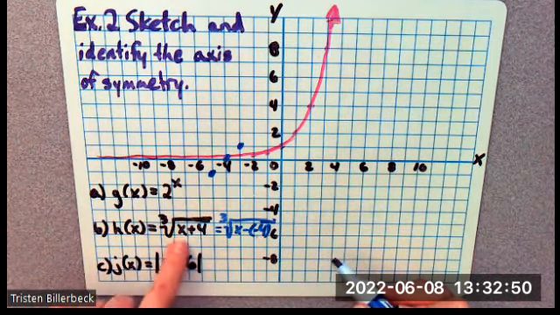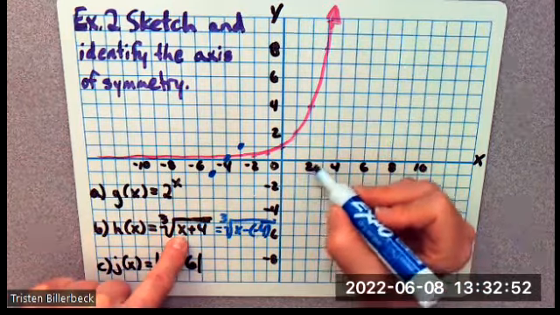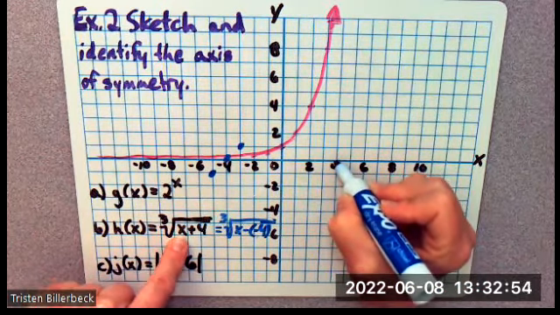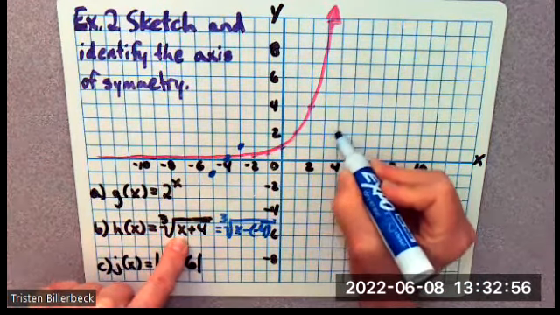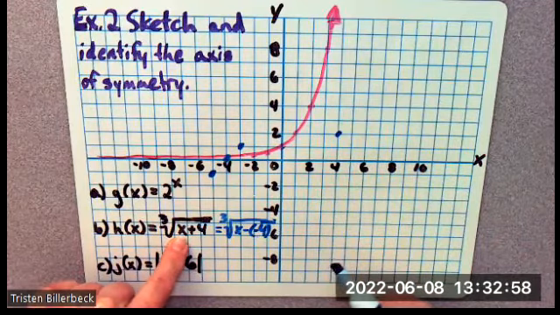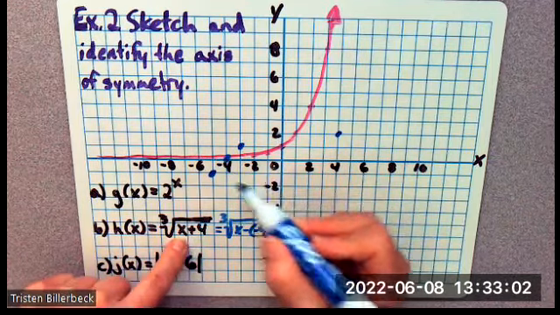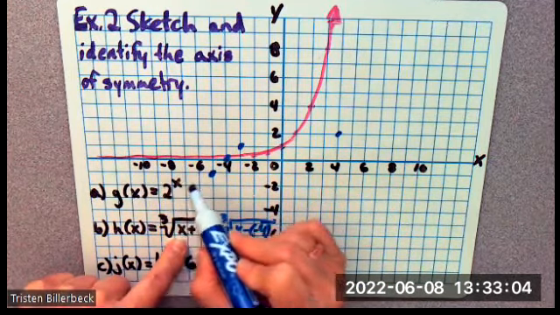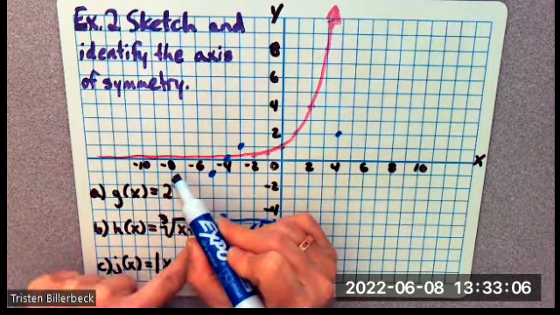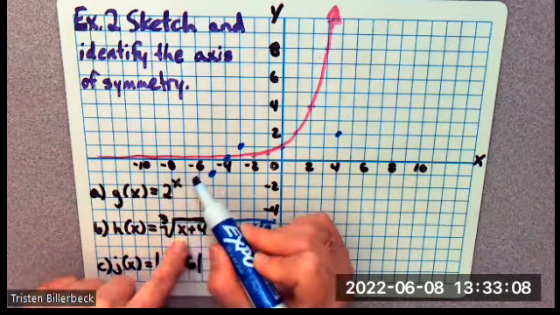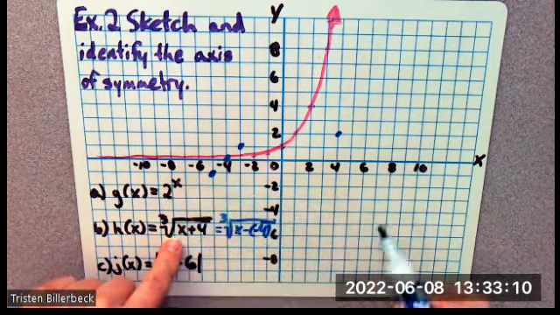Okay, so now we want to get to 8. 4 plus 4 is 8, and the cube root of 8 is 2. And then we want -4, so we're going to go to -8 here. -8 plus 4 is, wait, that's not right.